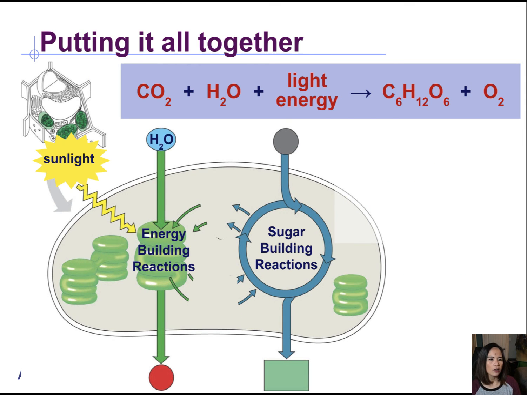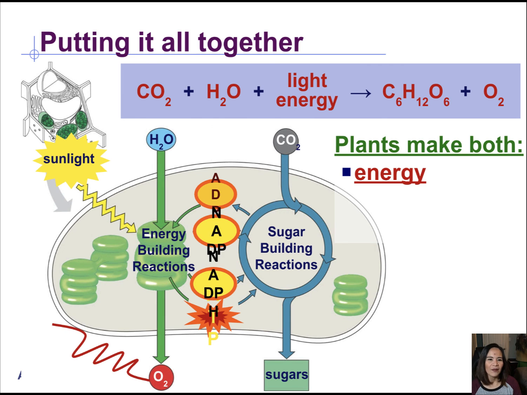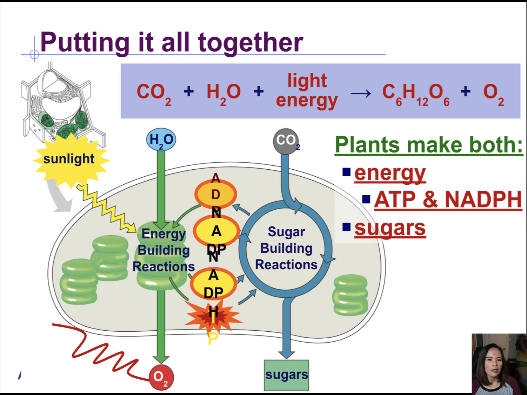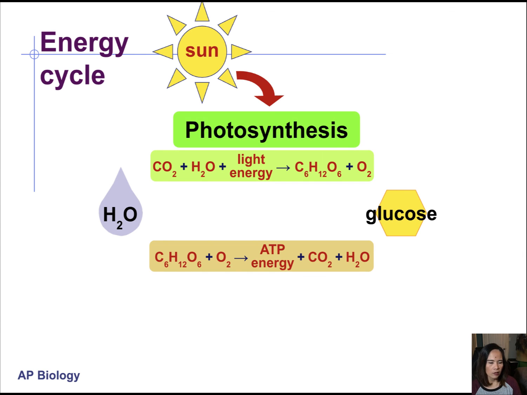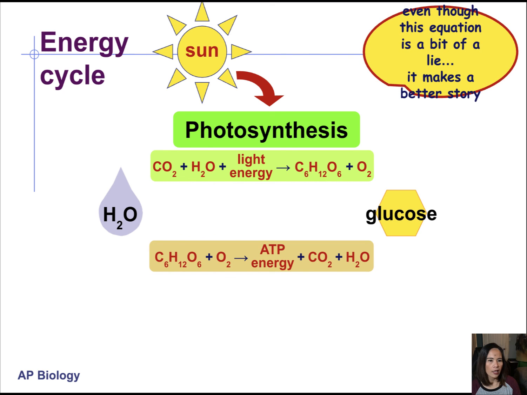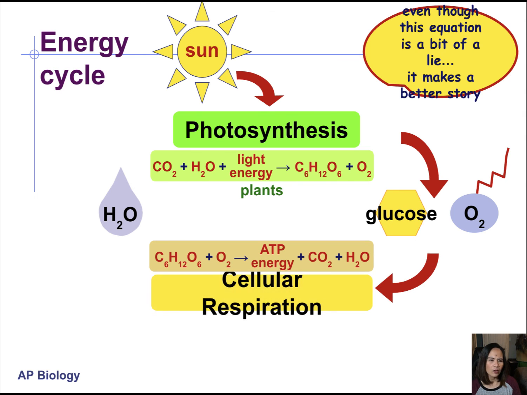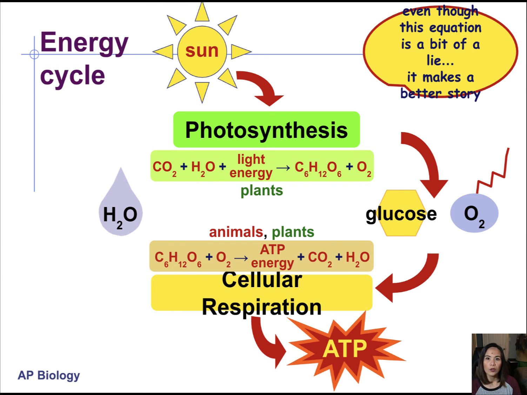And to put it together, as you can see over here, the plant makes both energy in the form of ATP and NADPH, and it also makes sugar. So photosynthesis needs sunlight for plants to form glucose and release oxygen. And then that glucose is used in cellular respiration, which breaks down that food to produce energy.